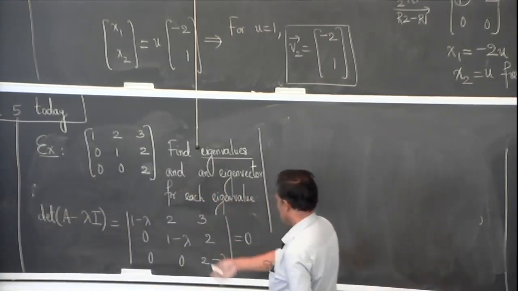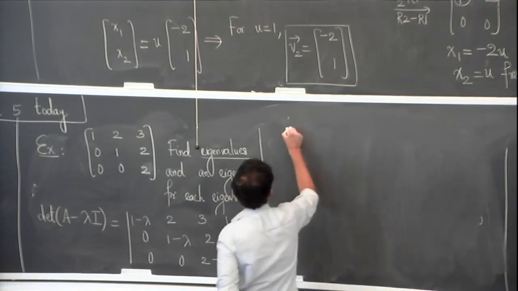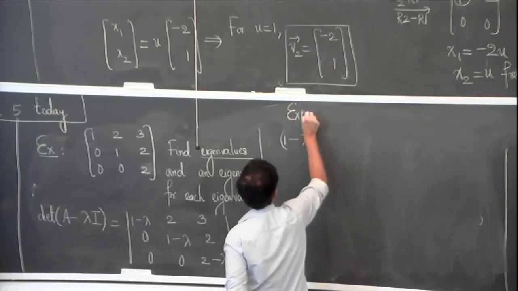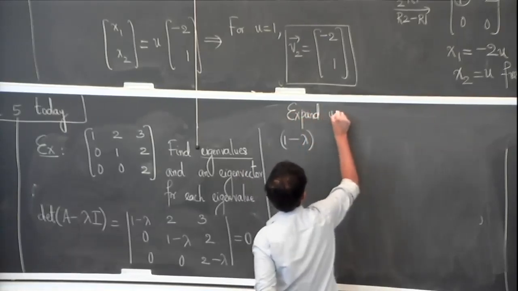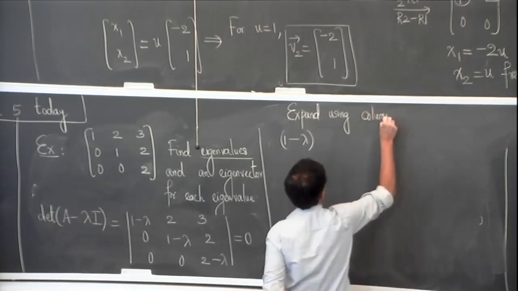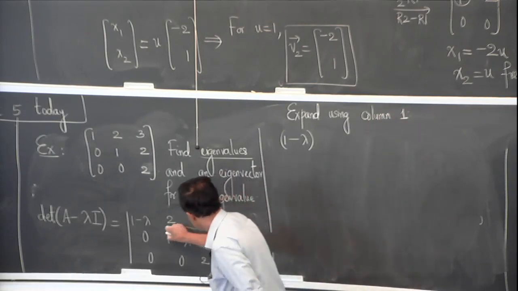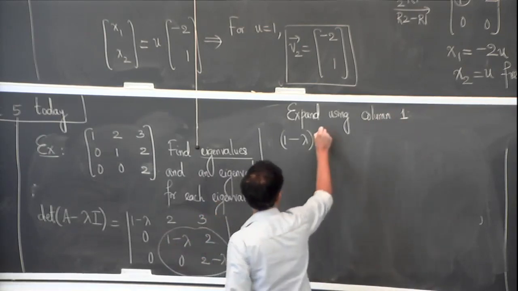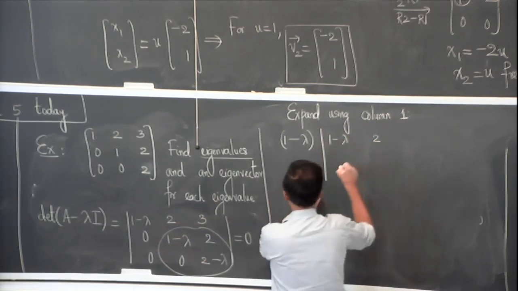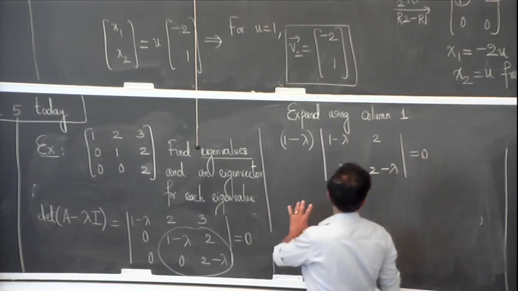You can expand this along the first column. That looks pretty attractive. So that's going to be 1 minus lambda times this 2 by 2 determinant here. Let me just write it out: 1 minus lambda, 2, 0, 2 minus lambda, equal to 0.